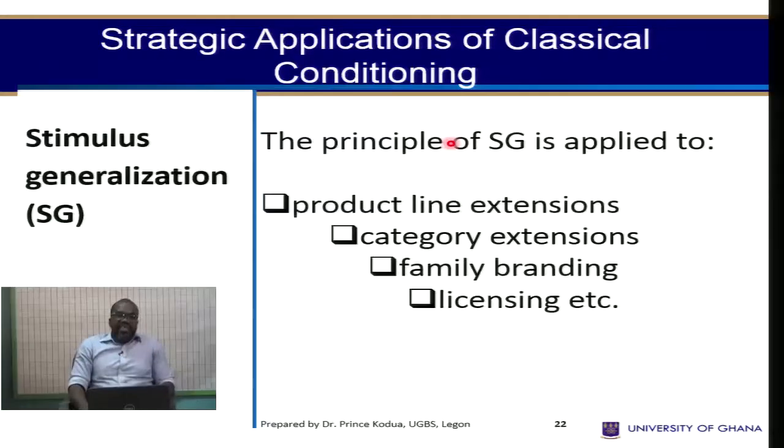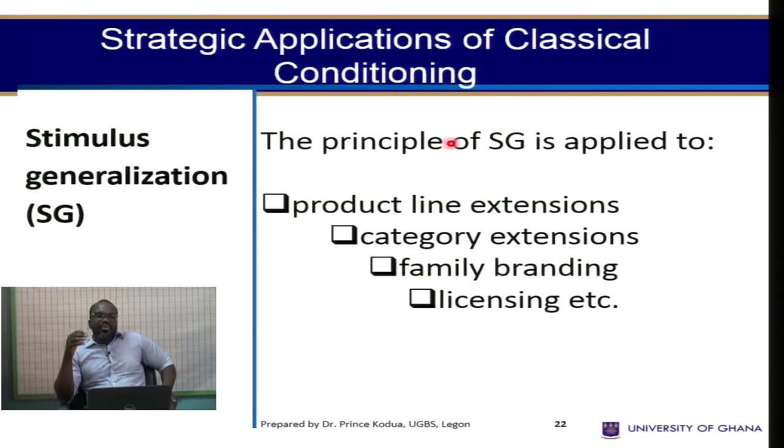The principles of stimulus generalization are applicable in several ways, but we can mention about four applications here: product line extensions, category extension, family branding, and licensing.